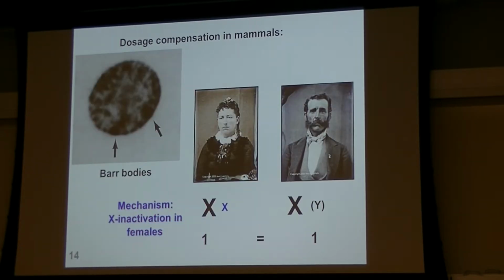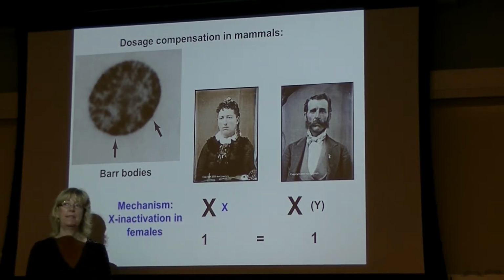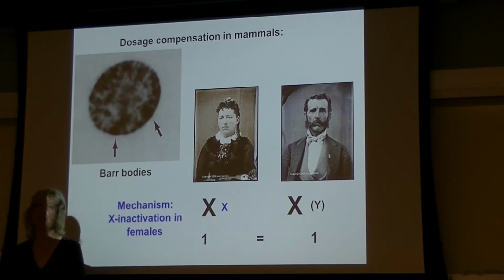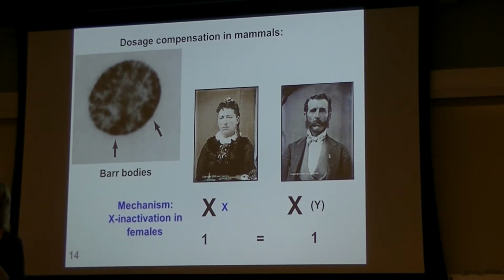Okay, and then just to keep it interesting, mammals do it yet a third way. So they don't mess with the rate of transcription, they just pick one of the X's and shut it down. So that's X inactivation. The females are the sex that have the two X's, so in females only, one of those X's will be chosen per cell. It will be shut down.